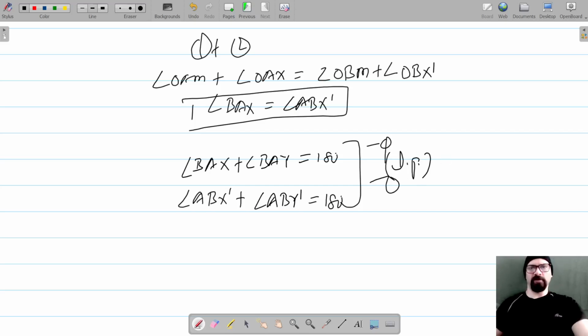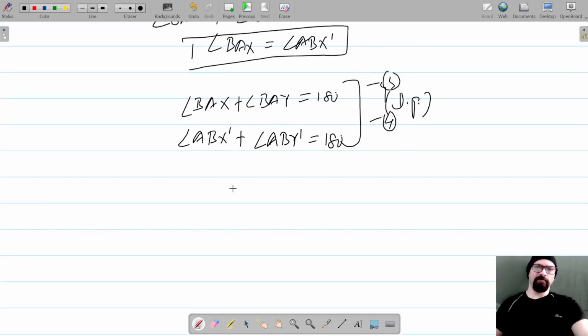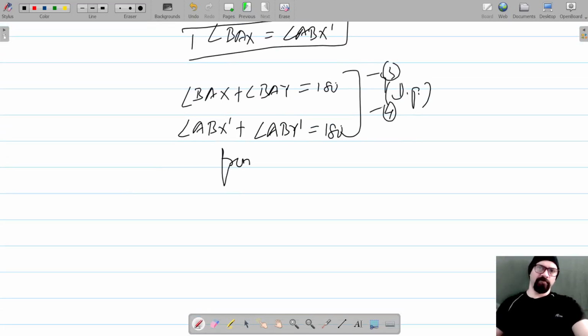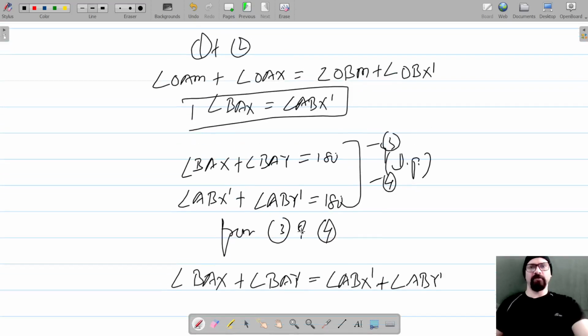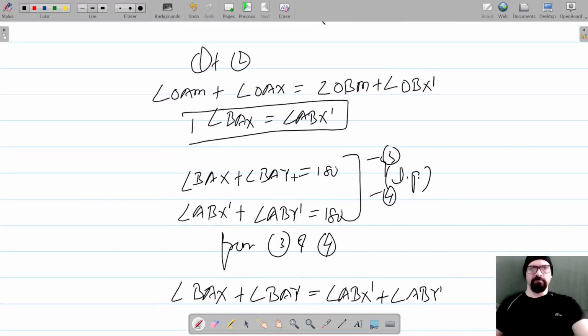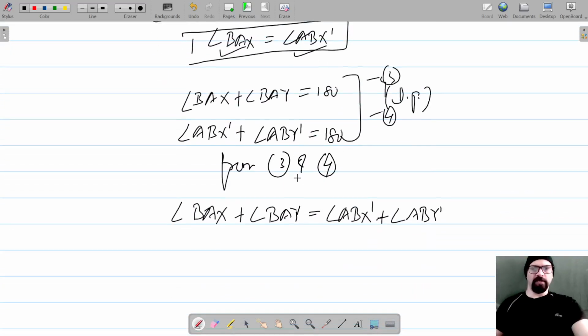So let this be equation 1, this be equation 3 and 4. So from 3 and 4, we will get that angle BAX plus angle BAY is equal to angle ABX dash plus angle ABY dash. But angle BAX is equal to angle ABX dash.